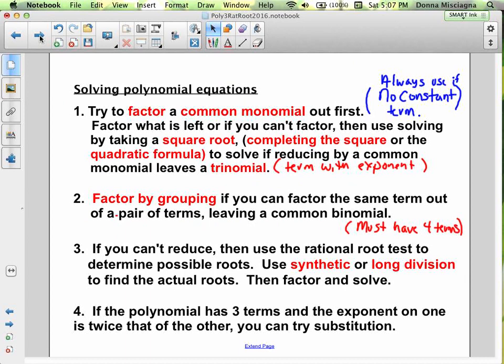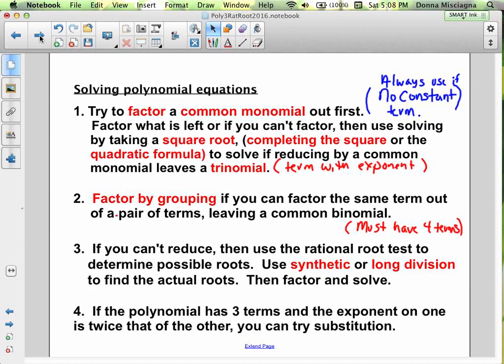All right, so solving polynomial equations. Choice number one, try to factor a common monomial out first. You're going to factor what's left, or if you can't factor, then you're going to solve by taking a square root, completing the square, or using the quadratic formula.